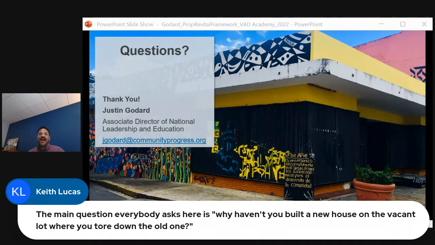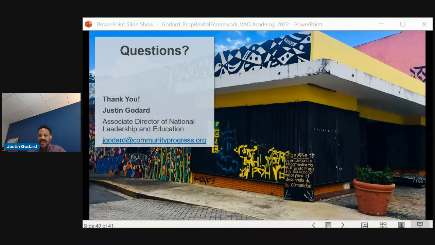One of the things I want to point out is that we have a whole database on our website of vacant land reuses, which really shows the broad imagination of community and how people are taking vacant land and using it to solve other issues such as lack of access to healthy fruits and vegetables, offering space for people to meet other community members and build community, and places to really embody the spirit of the community and its history. So that was one question that I wanted to answer.